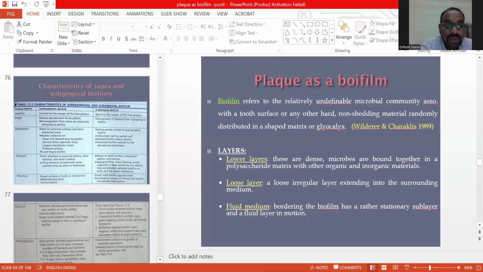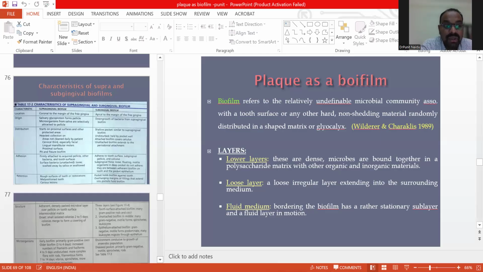It is distributed on the proximal surfaces and the areas where the patient neglects, the cervical third and lingual of mandibular molars, proximal surfaces, pit and fissure biofilms. It is firmly attached to the acquired pellicle and tooth surface.